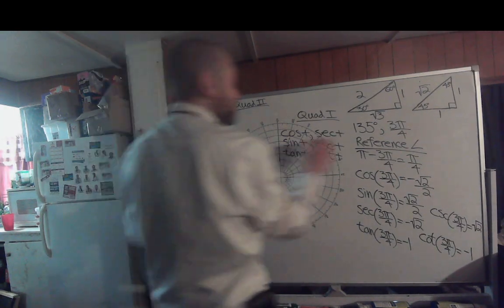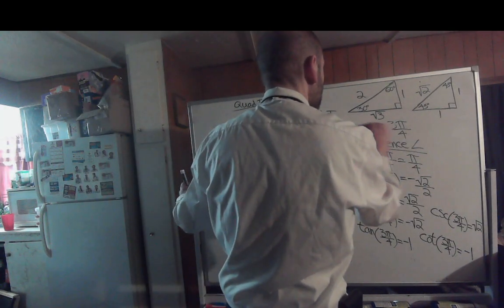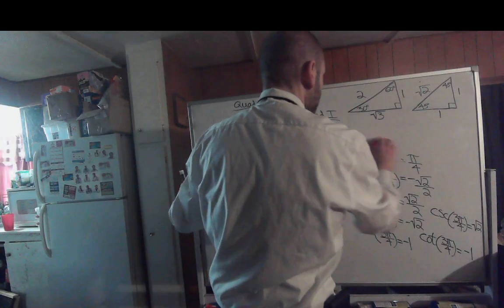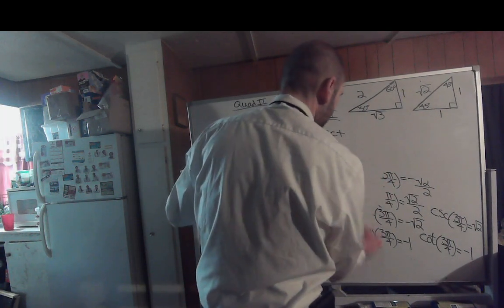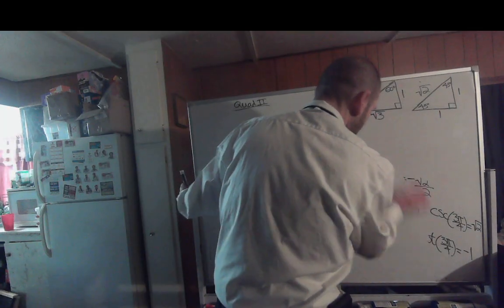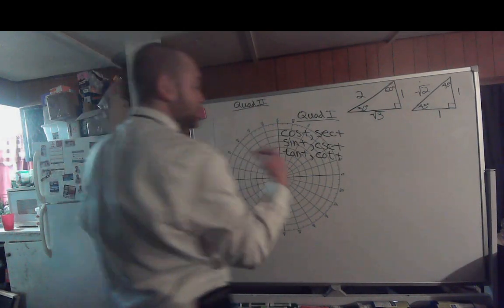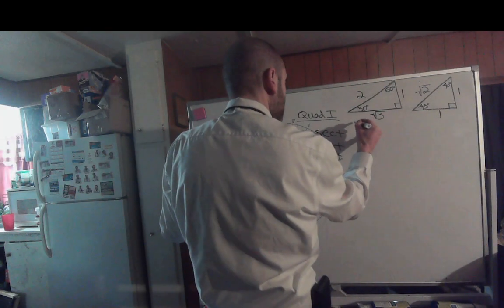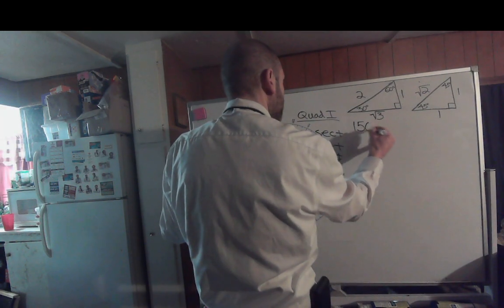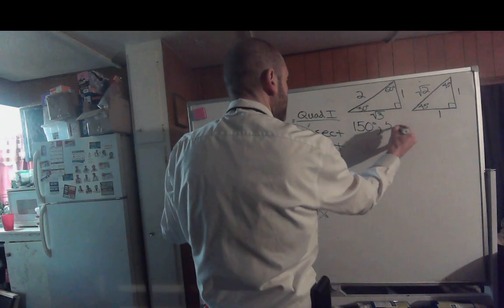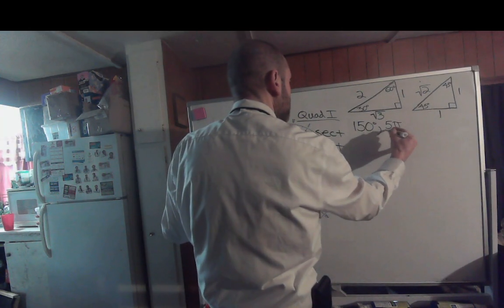Now let's do 150 degrees, which would end up being 5 pi over 6. Alright, so let's do 150 degrees, which is the same as 5 pi over 6.